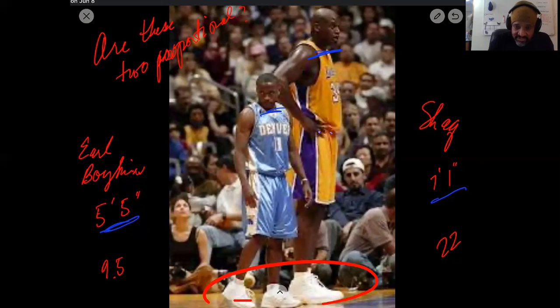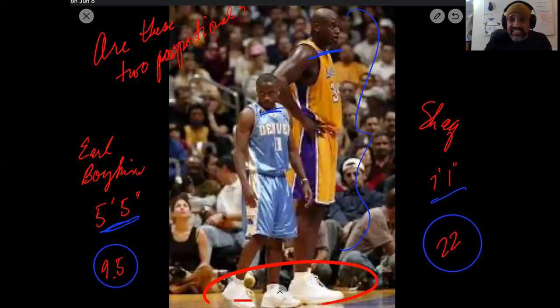But now, if you look at their feet, Earl Boykins wears a size 9.5 sneaker. Shaq, on the other hand, has a size 22 foot. His feet are twice as big as this guy's feet, even though his body is not twice the size of Earl Boykins' body. So these two guys are not proportional.